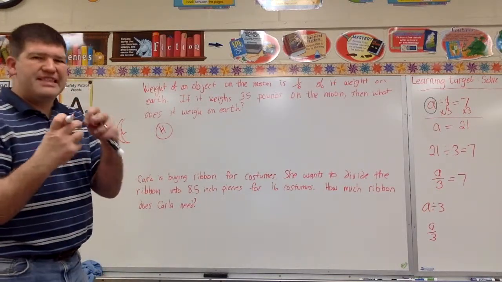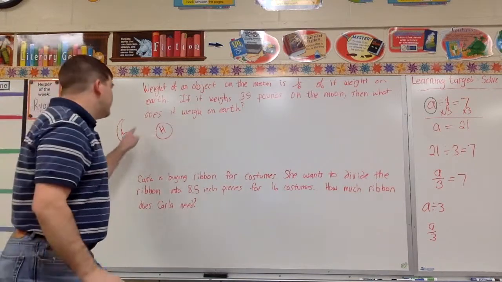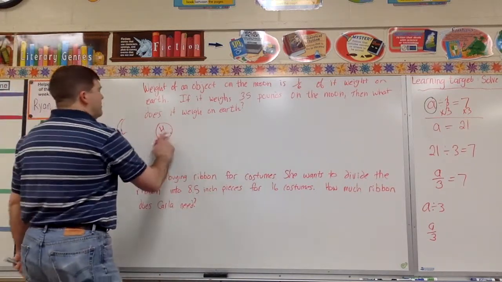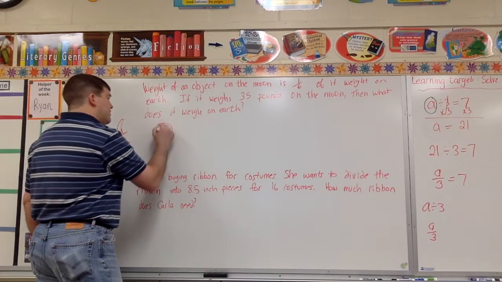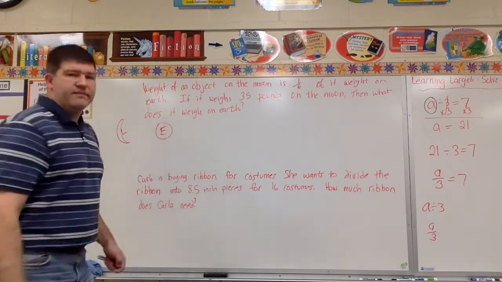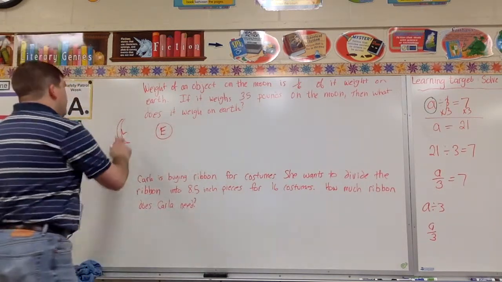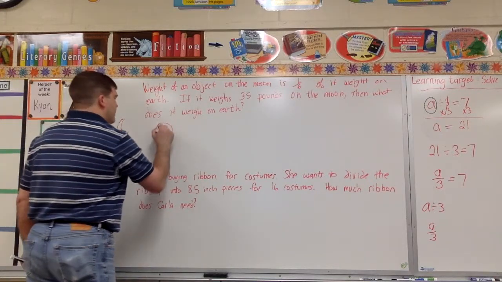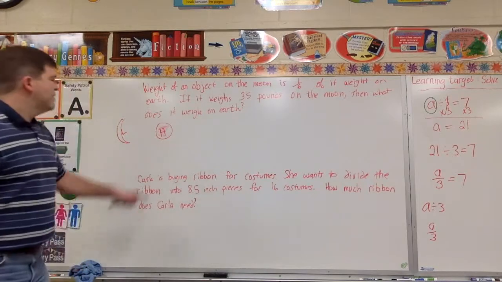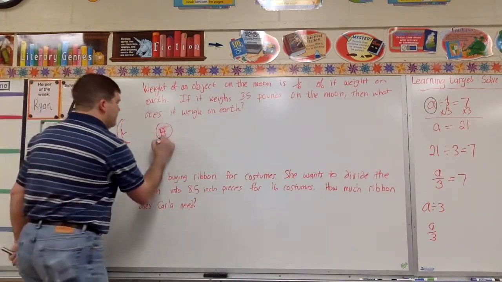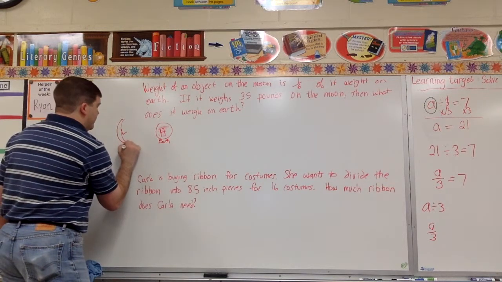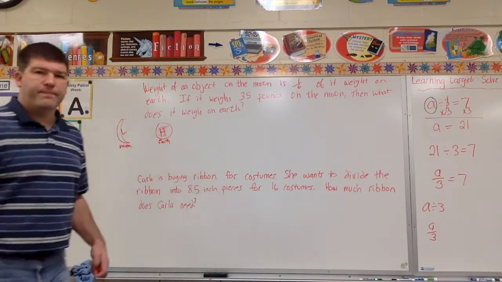It's just 1/6 of the weight on the moon that it is on Earth. Why did I do an H there? I have no idea. Oh, because I did heavier on Earth. Okay. There you go. So heavier on the Earth, lighter on the moon.